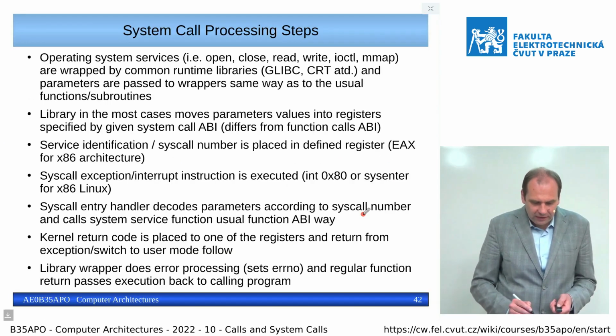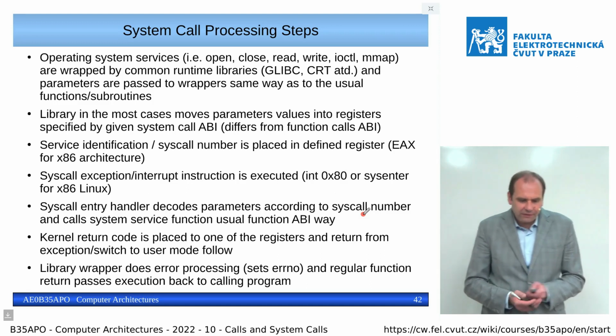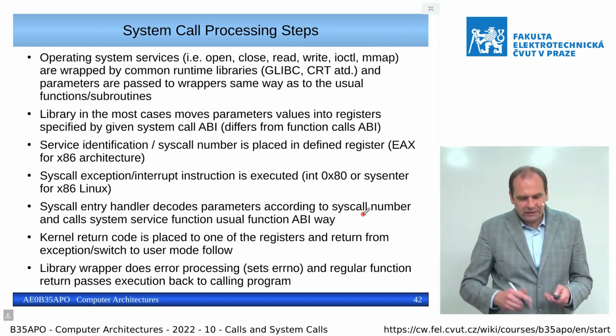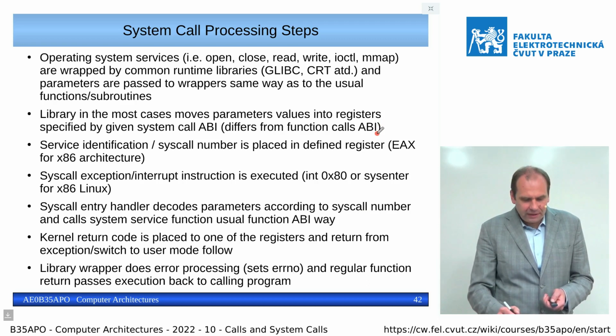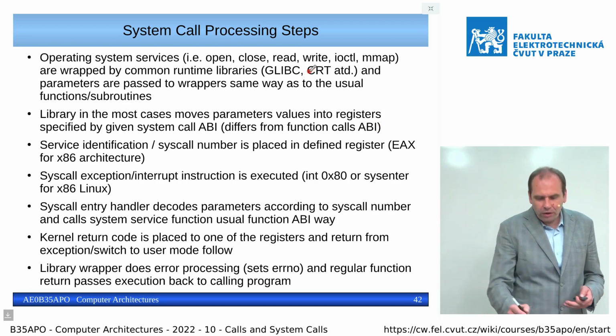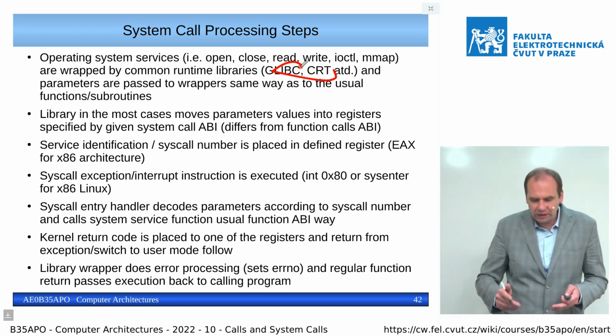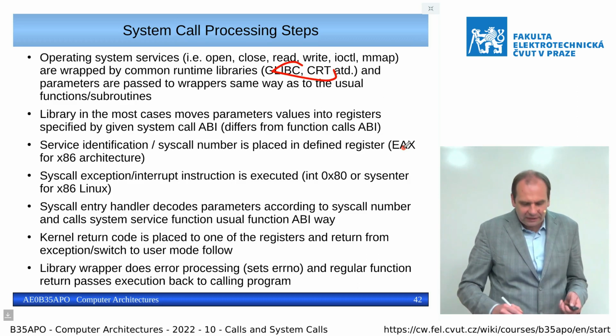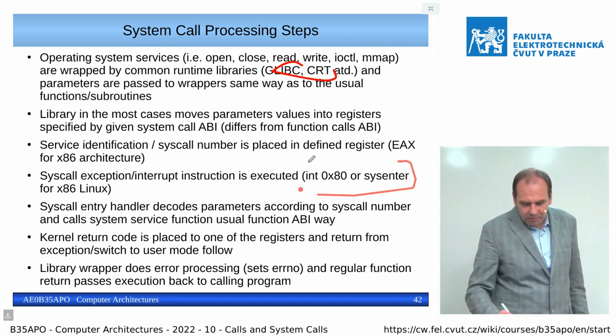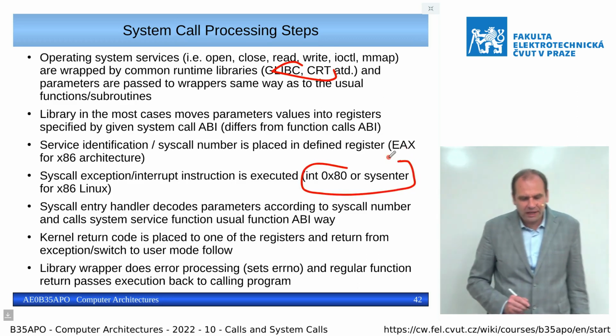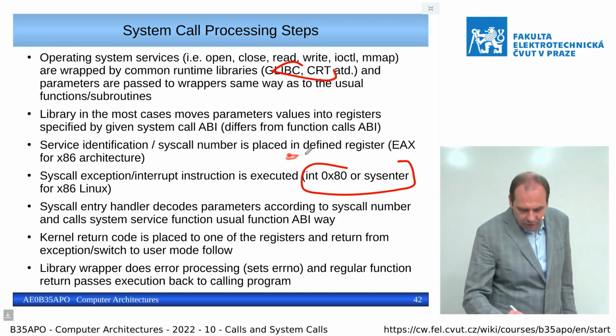And how does it look, there is a definition of how this process is implemented. So basically you have your runtime libraries, and they know that they need to somehow put data into the registers and into the memory, and then invoke some mechanism which invokes the kernel. On RISC-V, it was the ecall function.